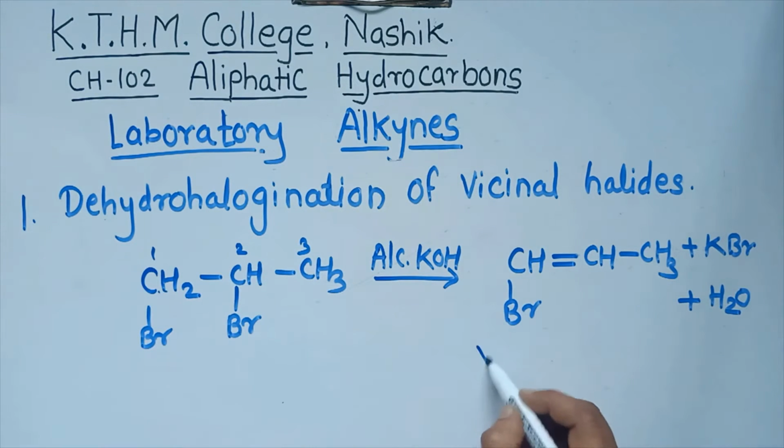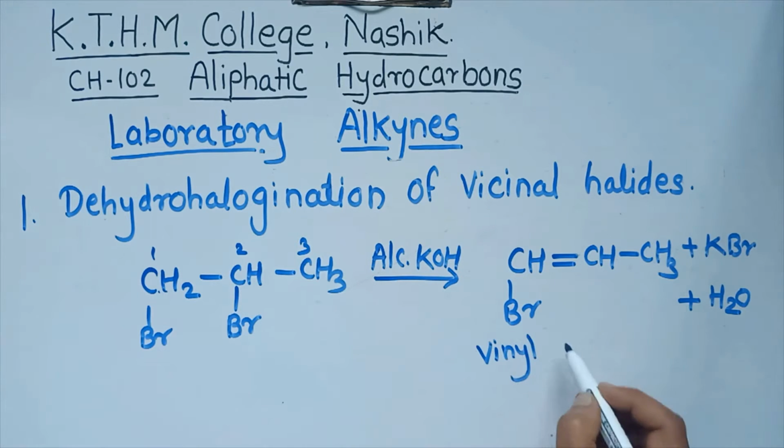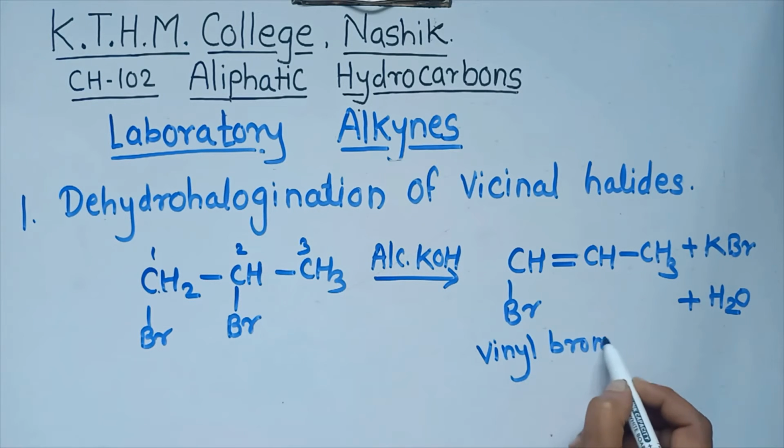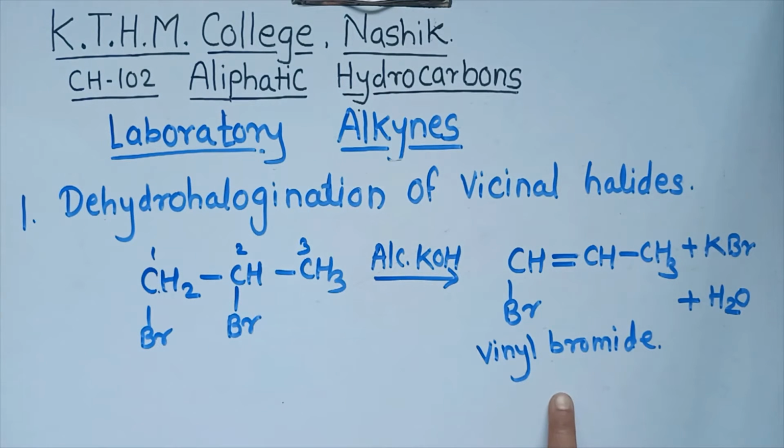So there is a formation of a vinyl bromide or 1-bromopropene. It is called vinyl bromide. So when this vicinal halide reacts with alcoholic KOH, one hydrogen from this carbon and one halogen from this carbon get removed and there is a formation of an alkene, the vinyl bromide.